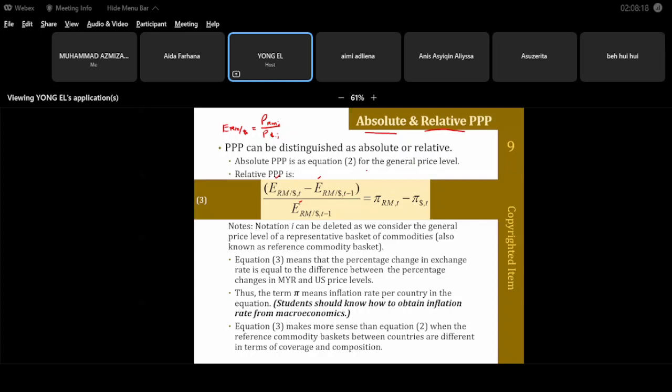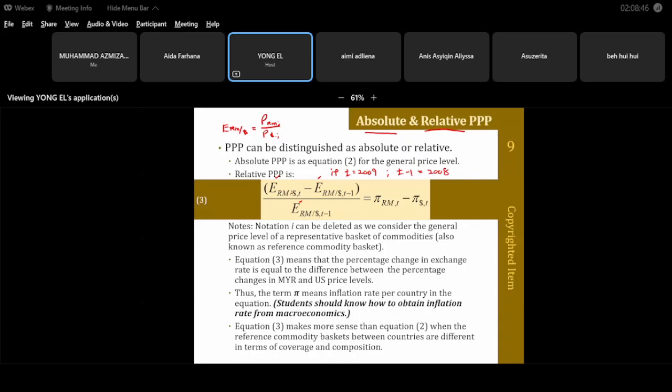For example, if T is 2009 with annual data, then T minus 1 is 2008.